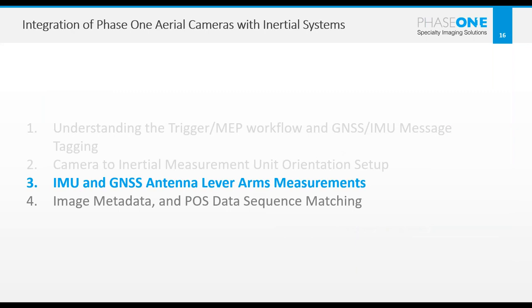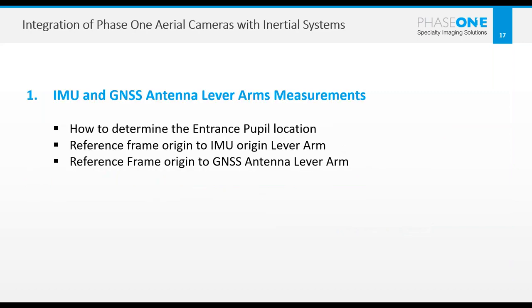Okay, third section, IMU and GNSS antenna lever arm measurements. So the first concept is how to determine the entrance pupil location. I believe this is a question that most people who have contact with the Phase One aerial cameras have.